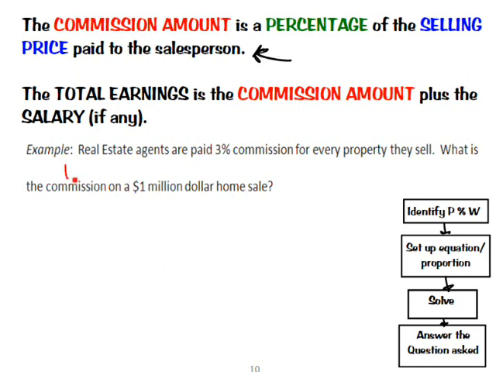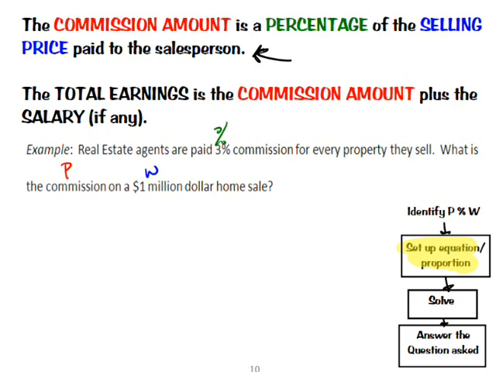What is the commission? So that's our part. And what is the percentage? That's 3%. That's given to us. And what is the selling price? In this case, that is $1 million. We have identified the part, percentage, and whole.